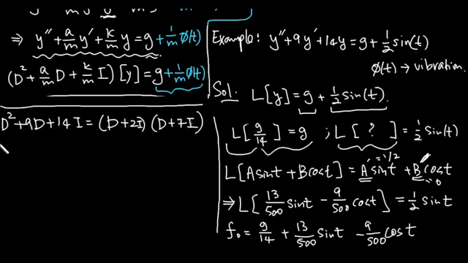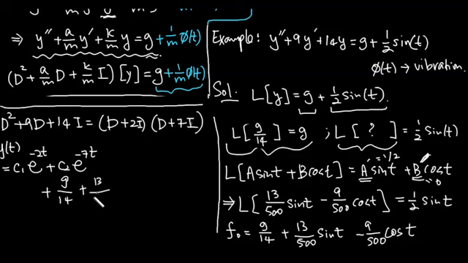So the general solution y(t) must be c1 times e to the negative 2t, c2 times e to the negative 7t, and there is this particular solution of that shape. So it's g over 14 plus 13 over 500 sine t. That's the solution here.